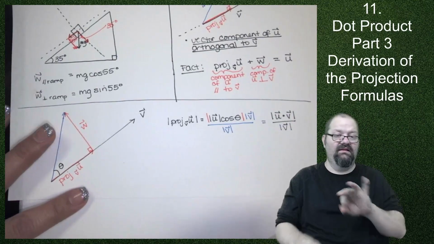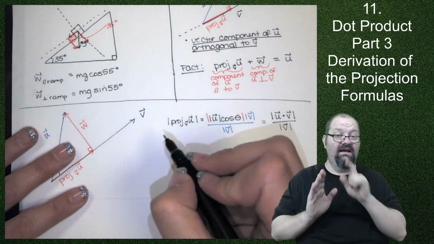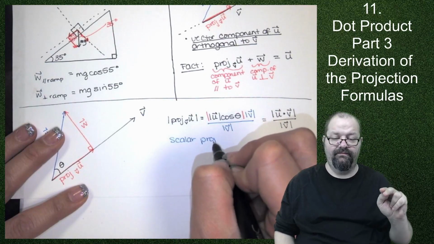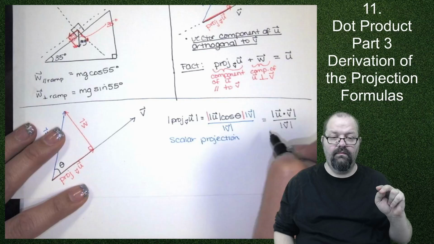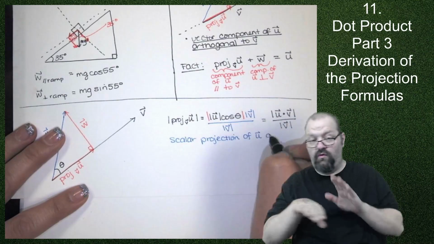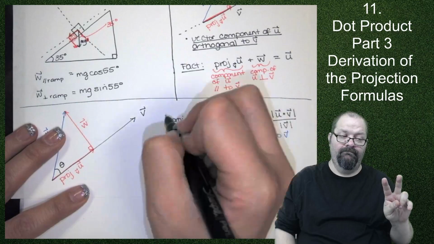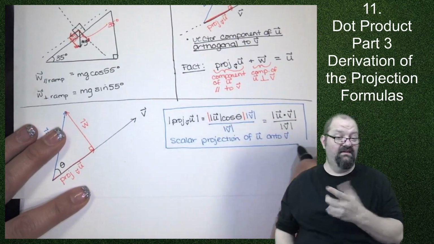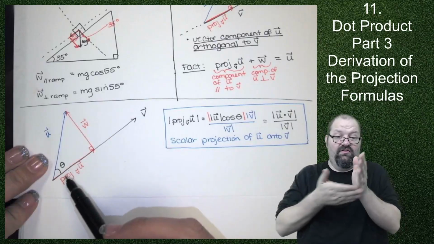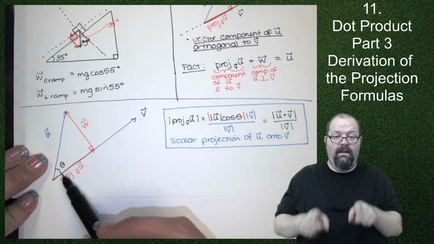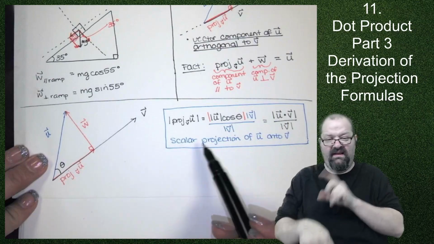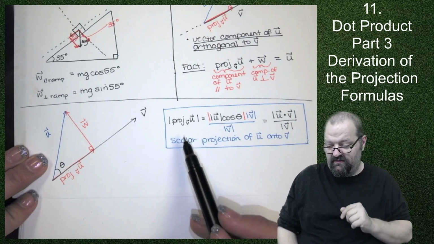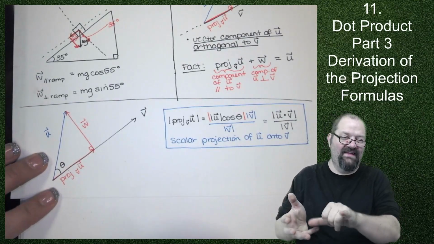So this is called the scalar projection of u onto v. And that is just the component of u that's parallel to v, and it's just the length of that side. That's what the scalar projection is. Or the magnitude of that. That's what that is.